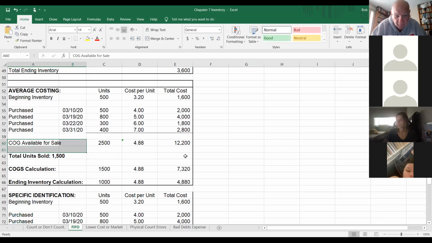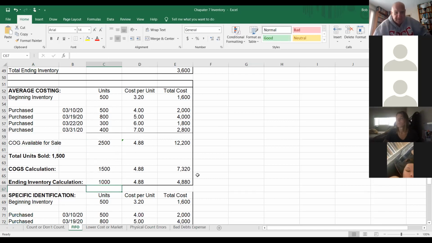So you divide what by what? The 12,200 divided by the 2,500. Yeah, that gives you 488. And then the rest of it is pretty easy, right? 488 times that, 488 times that, and there you go. So the average costing one is, I think, kind of easy.